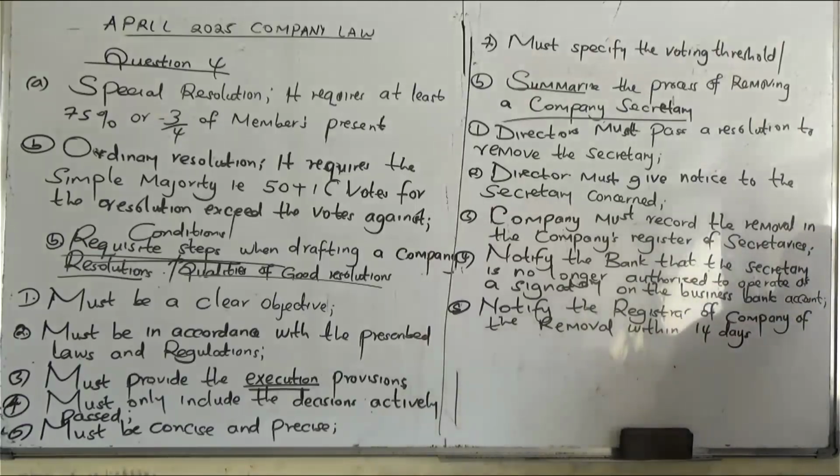You will notice that most of the time, the statutory time for most of these things is 14 days. Upon making a decision, notify the registrar within 14 days of that decision.